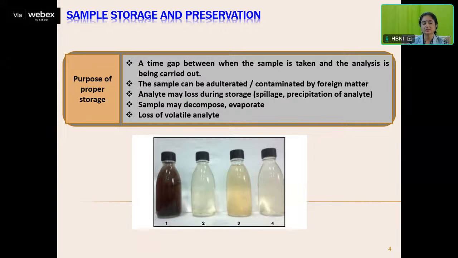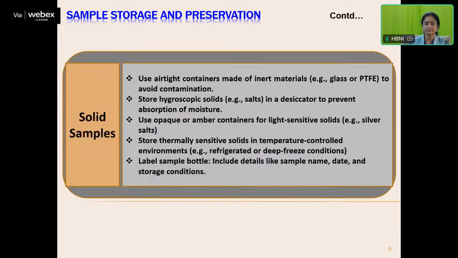Analyte may be lost during storage, spillage, or precipitation. Also, the sample may decompose or evaporate, which will change the analyte concentration. Or sometimes volatile impurities may be lost. And therefore, there should be proper storage of the sample till you are analyzing it.